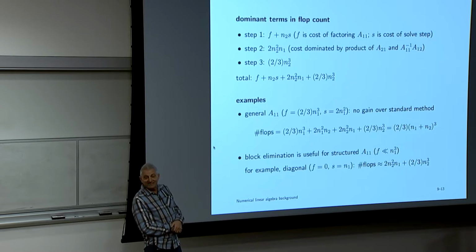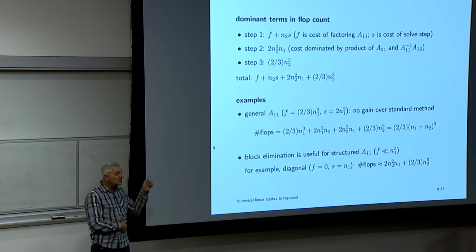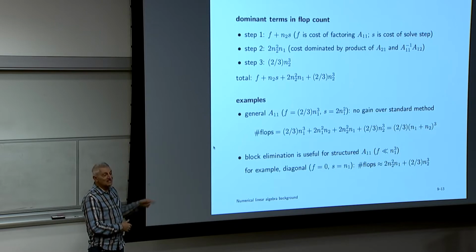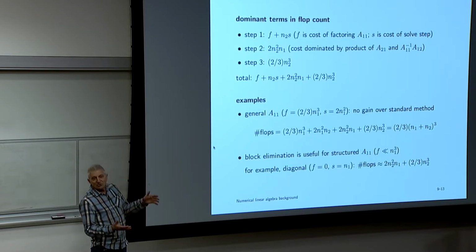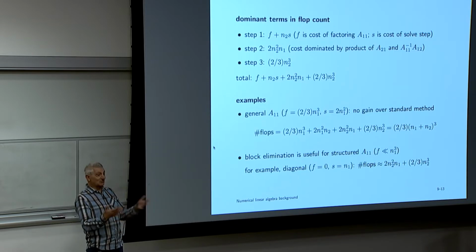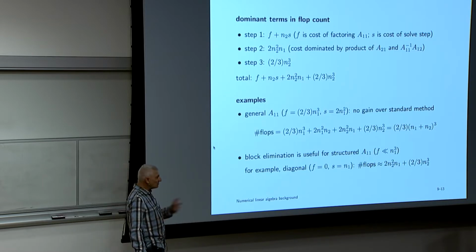In reality, it does do things. People use this block elimination method for dense matrices. The reason is you would choose N1 and N2 so that one of these solve methods could be done at some level of cache, and therefore done quickly. That actually happens. But all of us are blissfully unaware of those details.